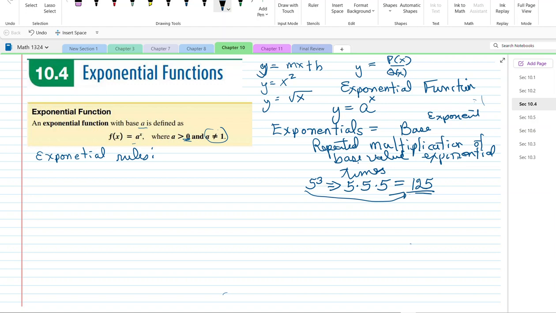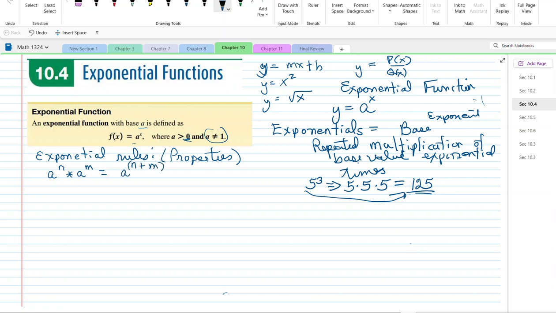So in the exponential rules, or properties is a better mathematical term, we have a to the n, an exponent, times a to the m, another exponent, is a to the n plus m.